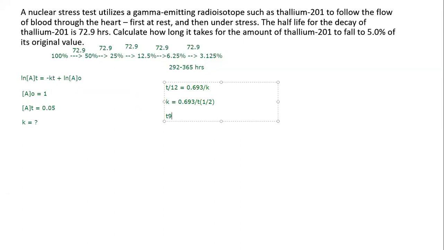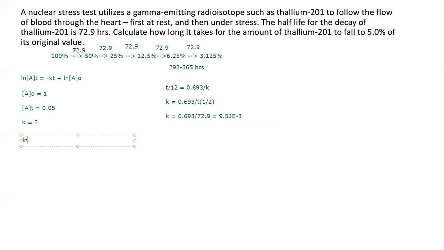So k equals 0.693 divided by 72.9, and we get 9.51 e to the -3. So that's k. Now we have k, we can find the time.